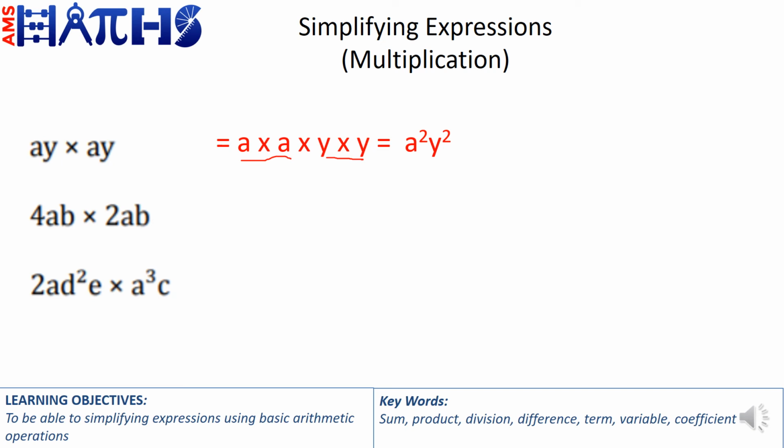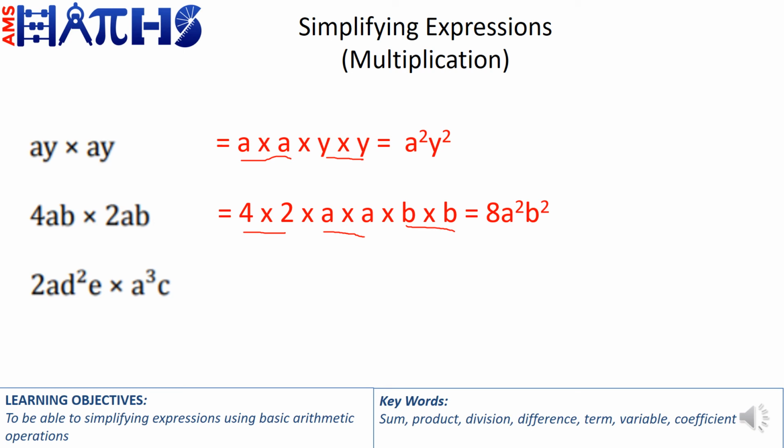We do not need any multiplication signs for that final answer. In our next example, we have 4ab times 2ab, and so we put our numbers together. 4 times 2 is 8, then a times a next to each other, and b times b next to each other. So we end up with 4 times 2, 8, a times a, a squared, and b times b, b squared. So our final answer is 8a squared b squared.